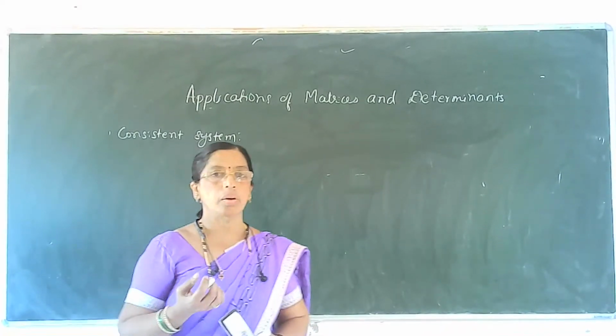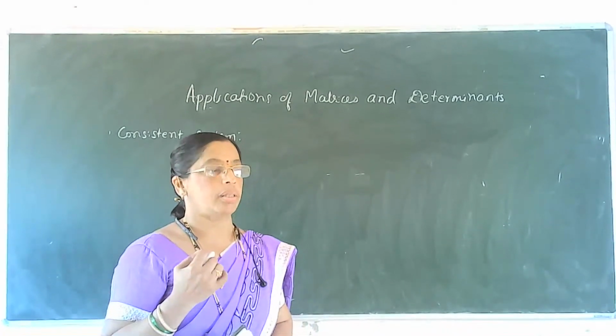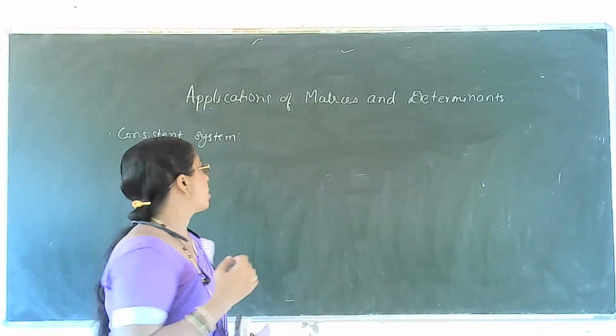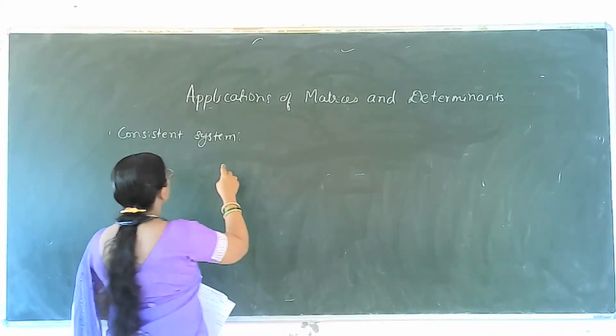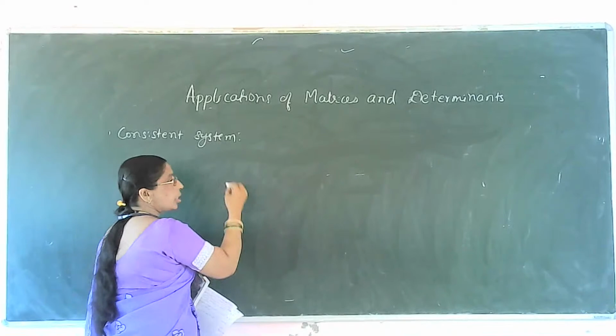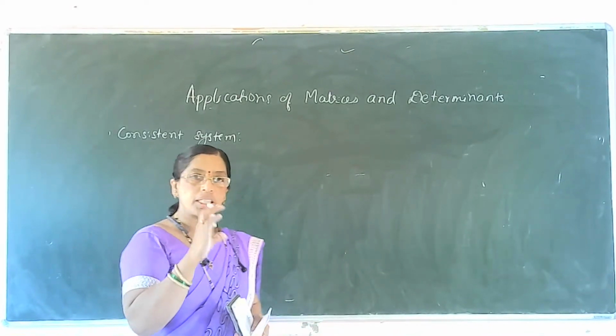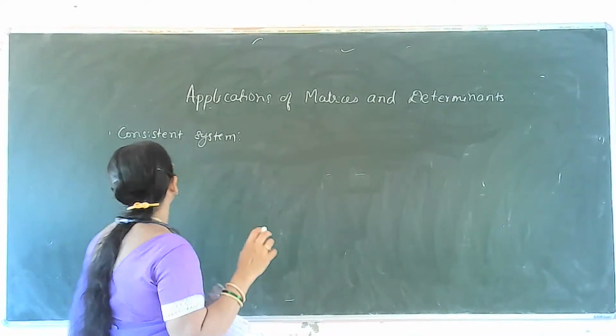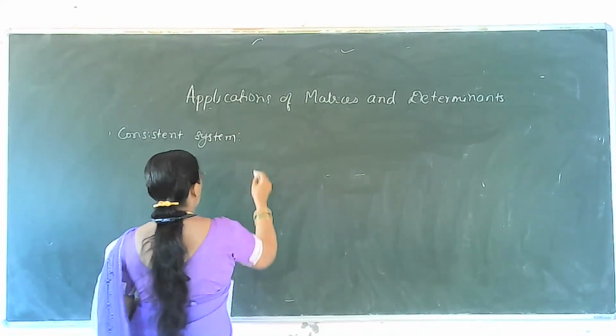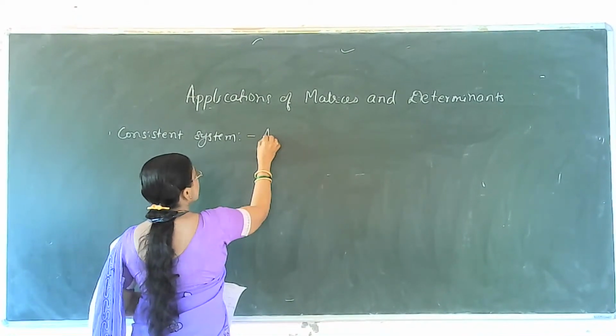If three variables, we have three linear equations. In this system, two or three equations are there, no? That was the system of equations.